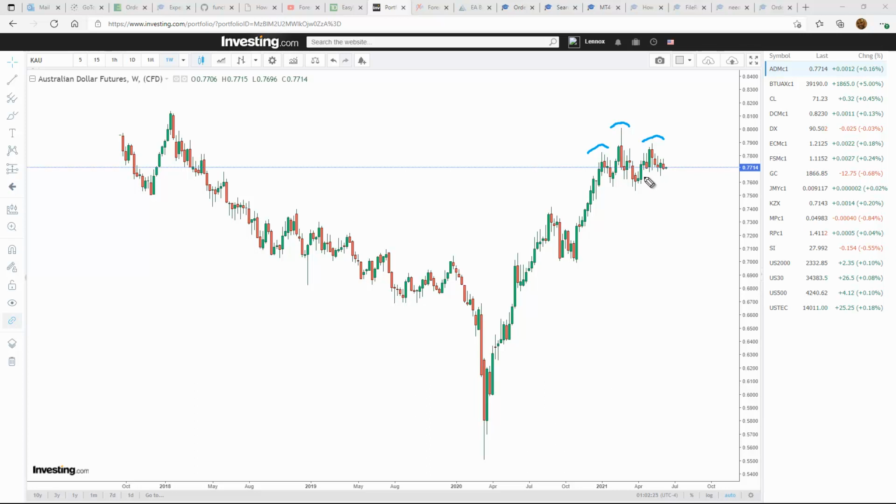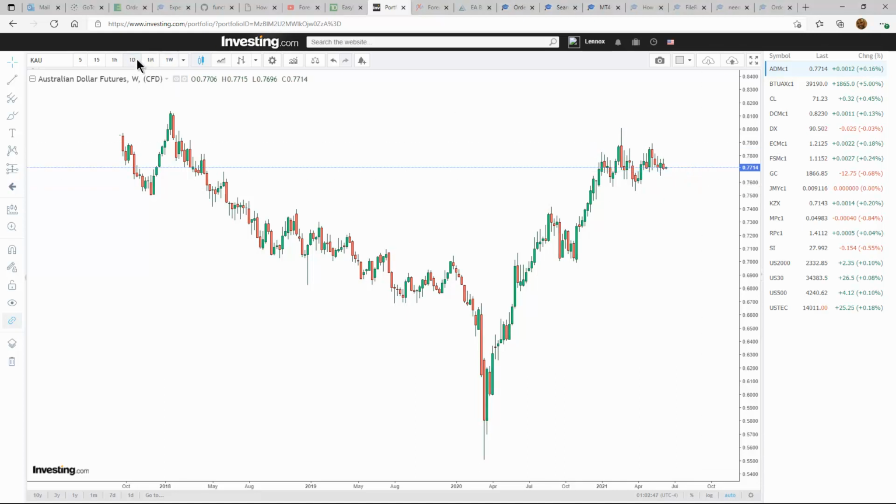So seeing the head and shoulders pattern is just one piece of it. We can draw a line and say we expect price to continue moving down. Of course, this can take a while to unfold, but that's because we're on the weekly time frame.